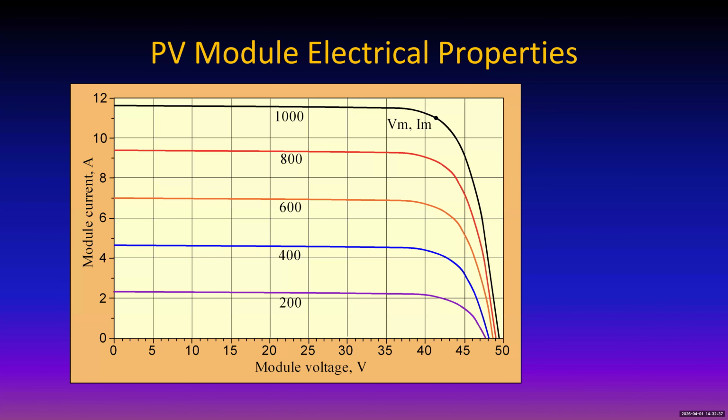This particular module, if we operated at that voltage and that current, which as you see is right around 11 amps and somewhere around 41 volts, if you multiply 41 times 11, you get 451 watts. So this is about a 450 watt module at standard test conditions.